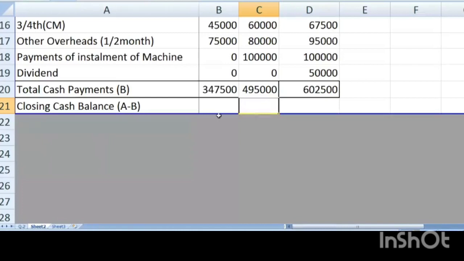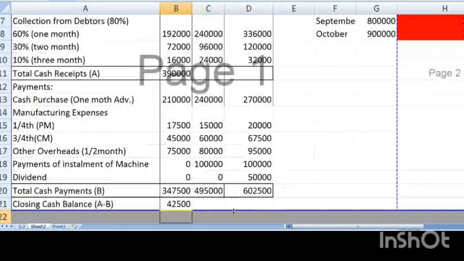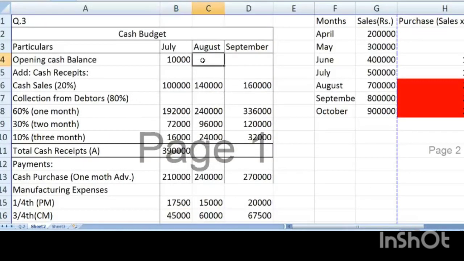Here, this point minus this point. Your answer is 42,500. Now this 42,500 we will transfer here. So what is the next total here? It is 5,42,500.